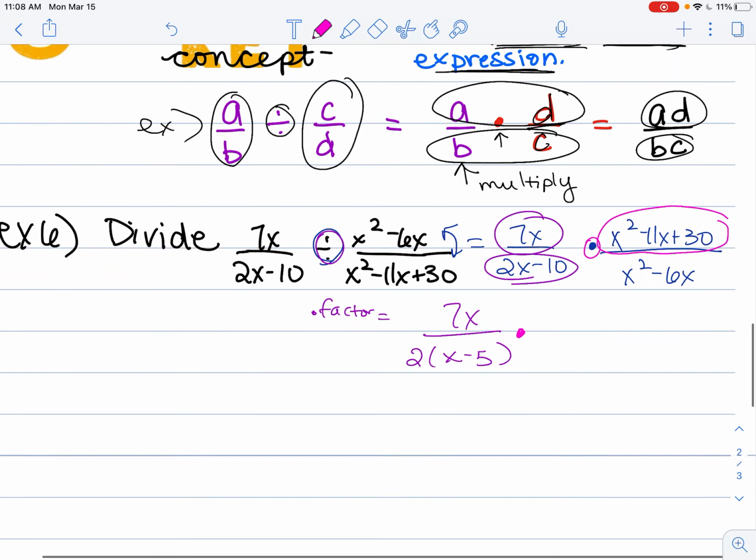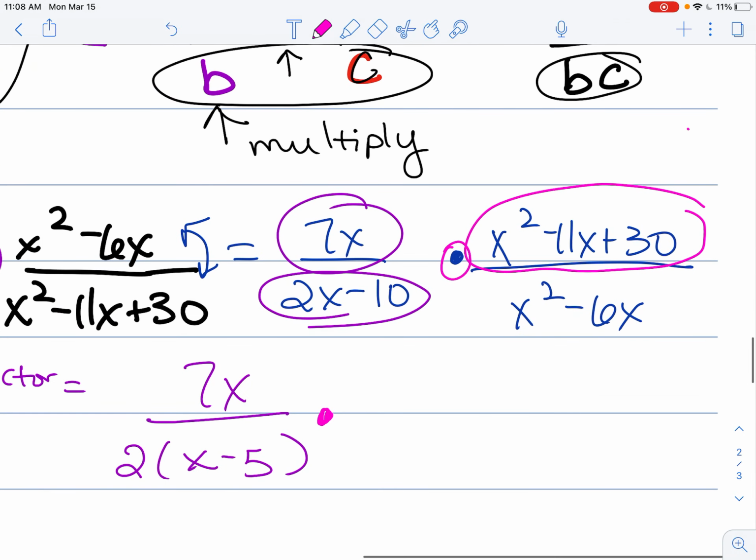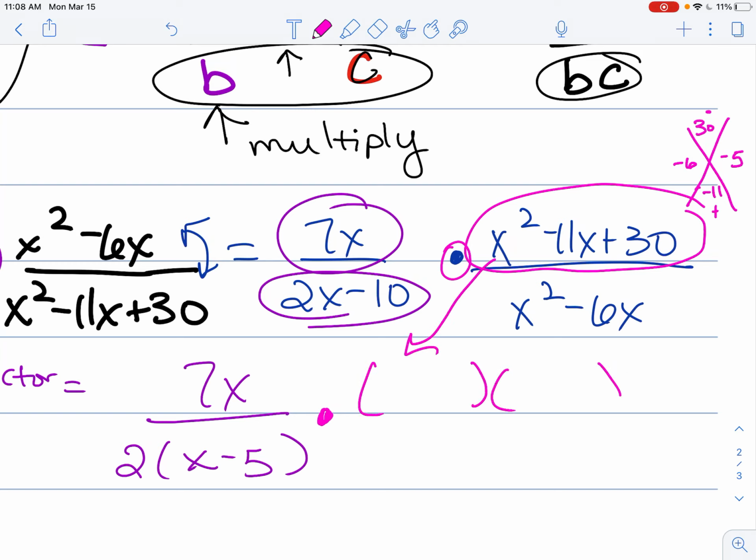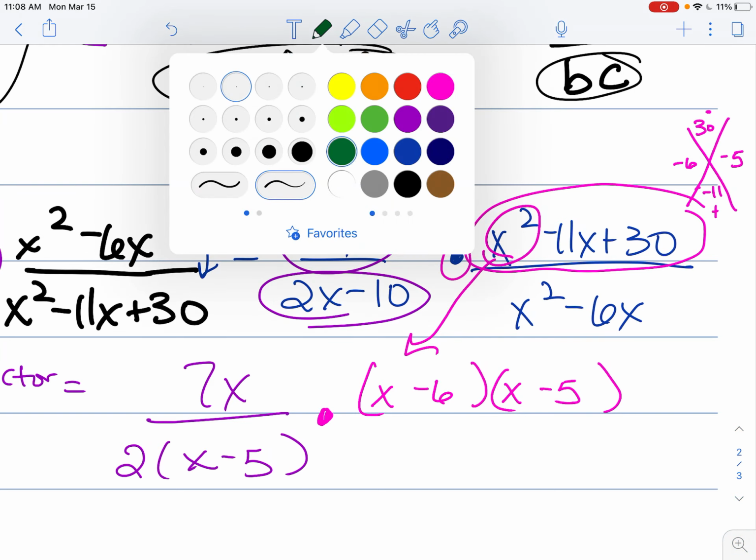So we know if we were to do this, we could do our x factor process where we know something has to multiply to 30 but add to a negative 11. We could use negative 5 and negative 6 for this, which tells me that when I factor this right here, we're going to have x times x is x squared, and our factors are negative 6 and negative 5 that will multiply to positive 30 and add to negative 11.